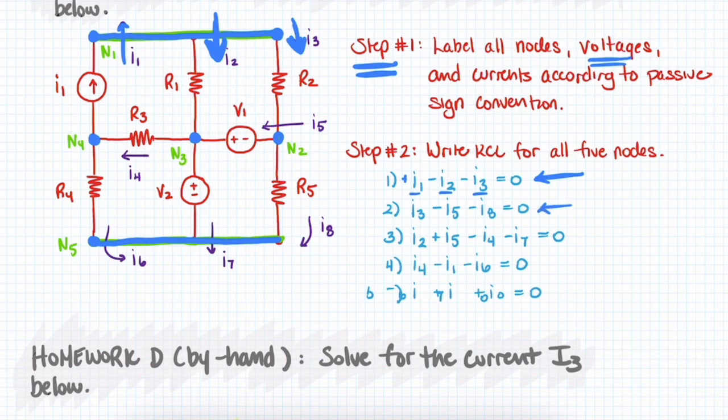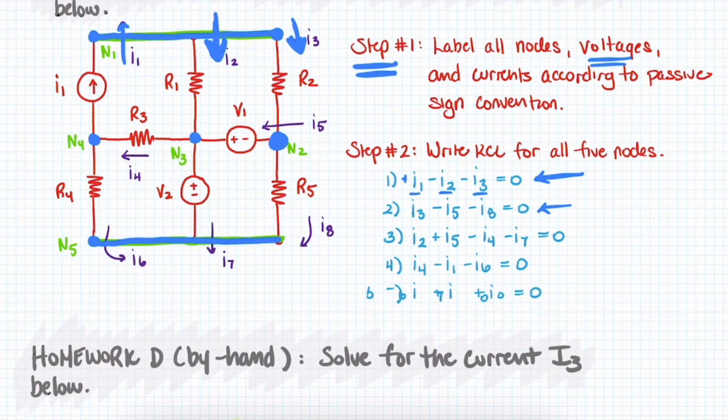We can take a look at node number 2, which is right here. Now, one check you can use when applying KCL is to look at the number of branches or the number of currents that are connected to the node, and that should match up, assuming you're not doing some sort of simplification, with the number of additive terms that you have.